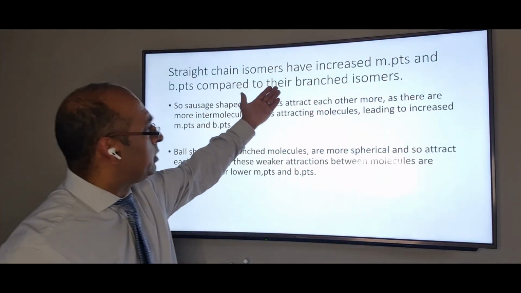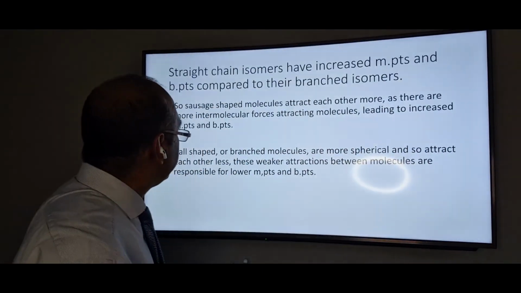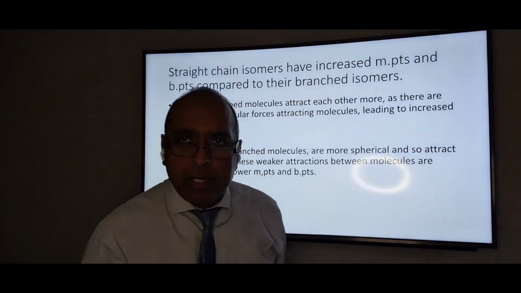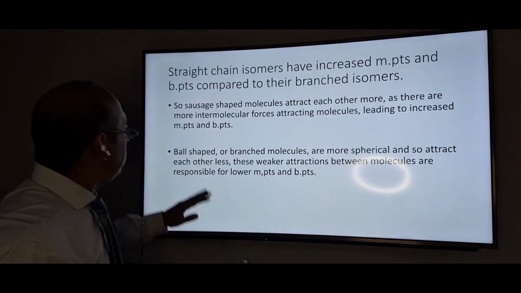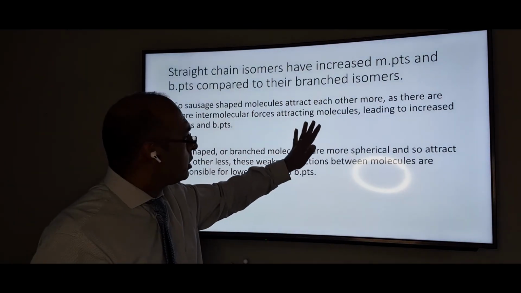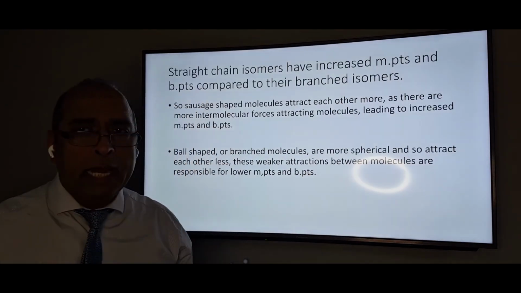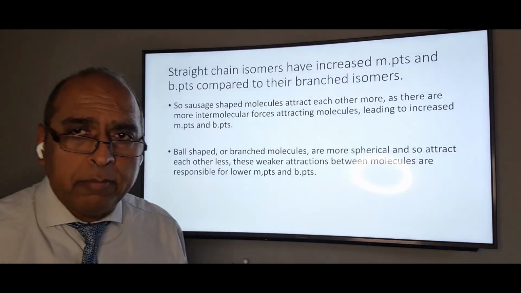Straight chain isomers have increased melting and boiling points compared to their branched isomers. Sausage-shaped molecules attract each other more as there are more intermolecular forces that attract the molecules, leading to increased melting and boiling points.